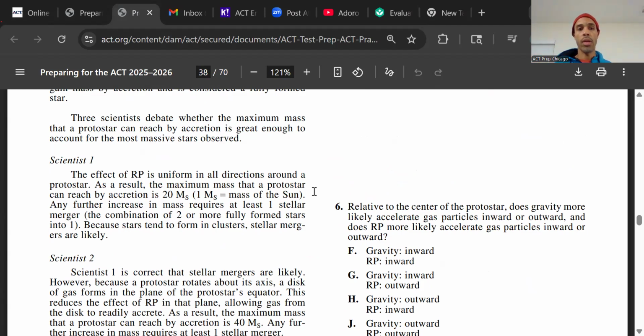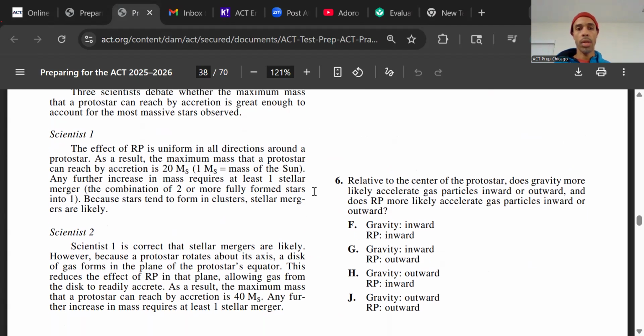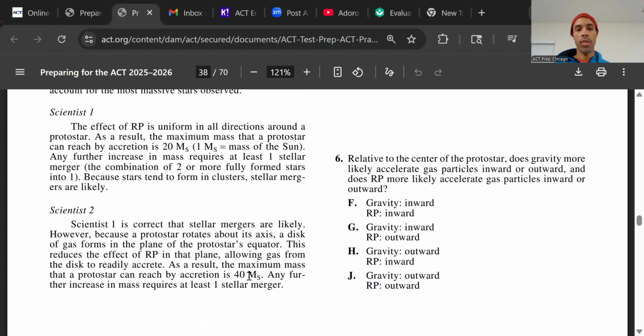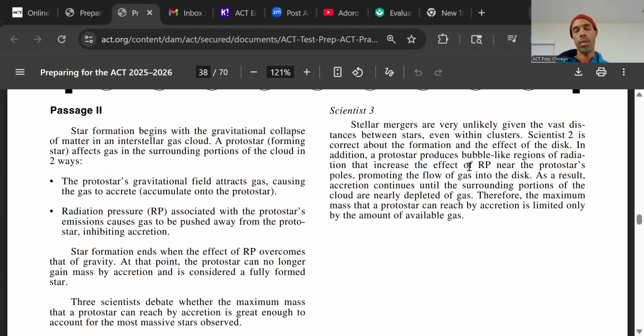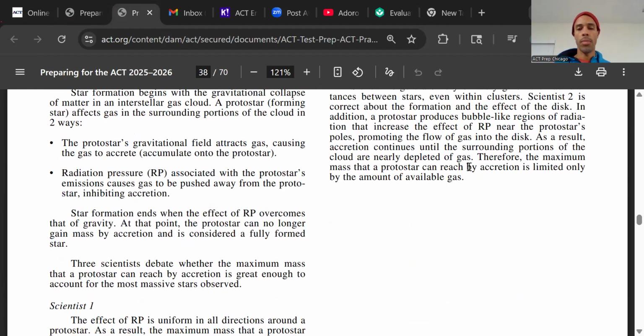So yeah, one sun could definitely be formed by scientist 1. Scientist 2 says the largest that a protostar can reach by accretion is 40 masses of the sun. So one sun could definitely be included in the 40. And scientist 3 says the size that a protostar can reach by accretion is unlimited.